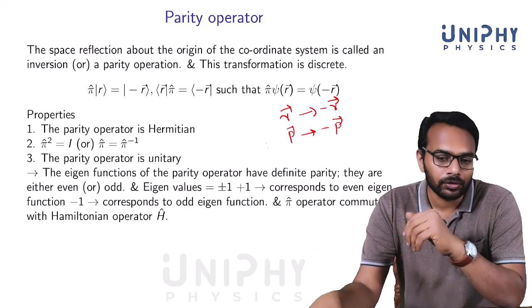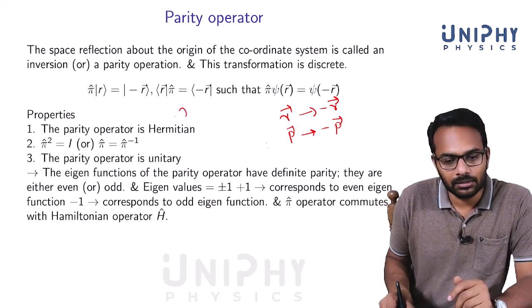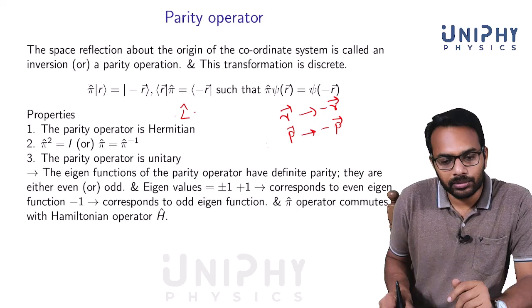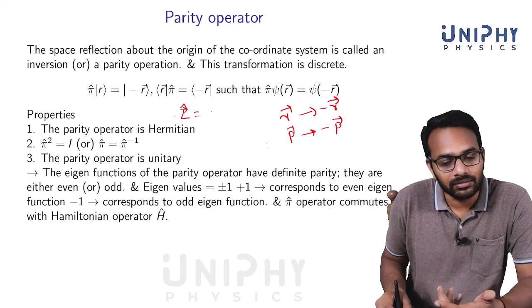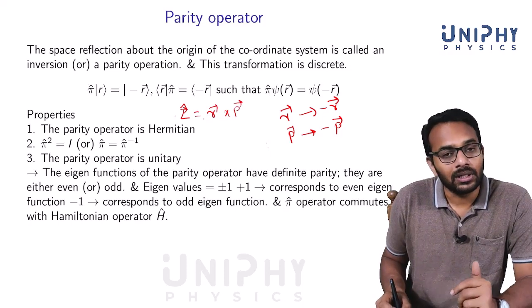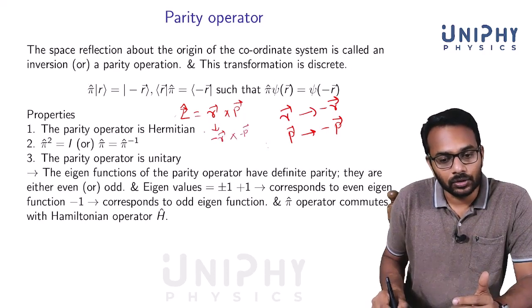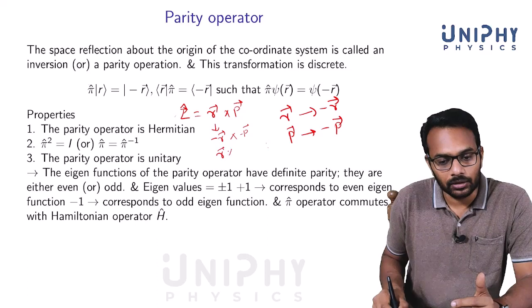This is a property of vectors. Now there are some other vectors which don't behave like this. For example, if you look at the angular momentum operator, which is also called a vector operator, this is R vector cross P vector. What happens under a parity transformation? R goes to minus R and P goes to minus P. So L goes to simply R cross P itself.